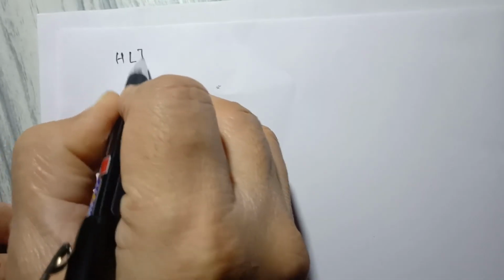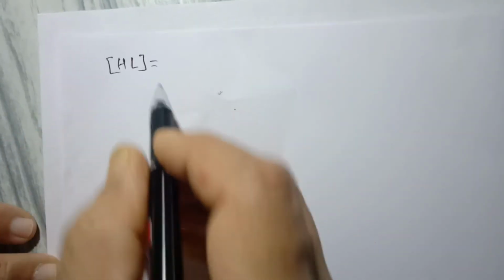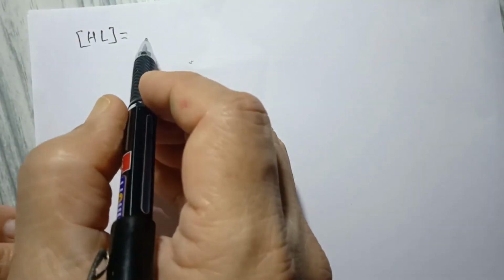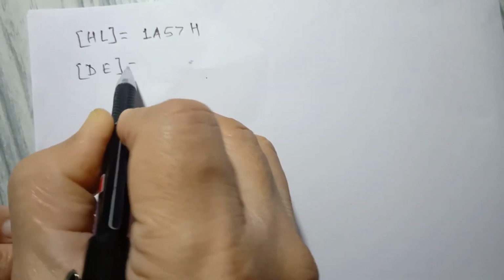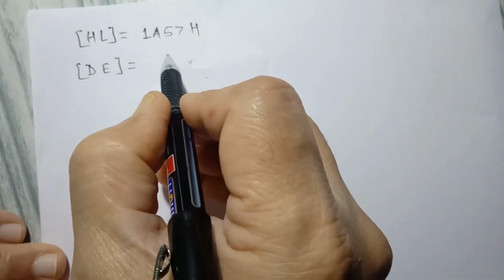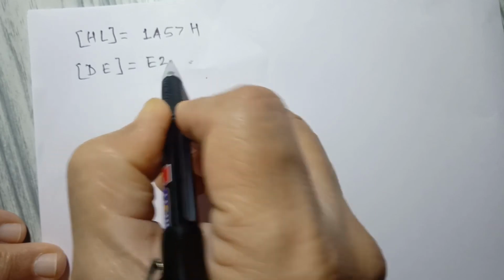Let us consider one example. Say we have something in the HL pair. Let us assume that it is in hexadecimal. So 16-bit can be written as, say, 1A57 hex. And let us consider something in register pair DE, say E217 hex.